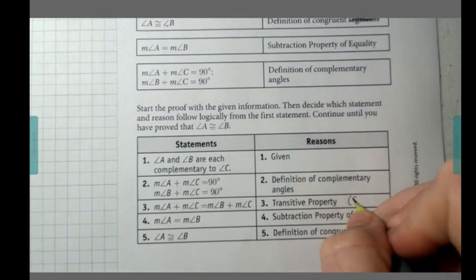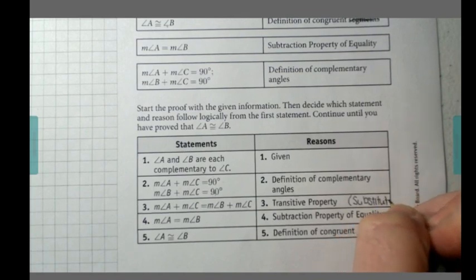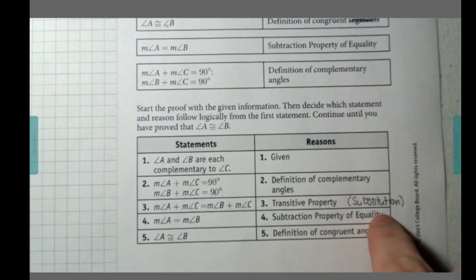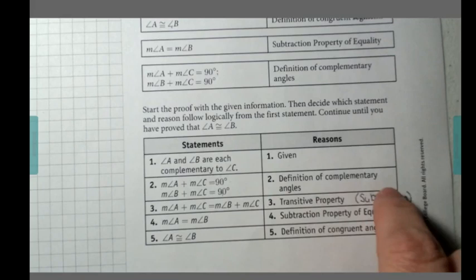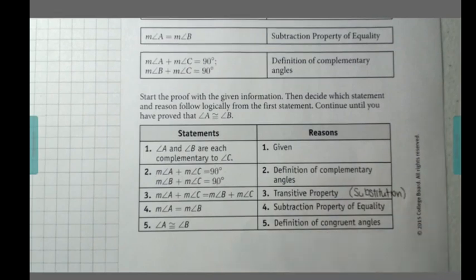I want you to know you'll sometimes also see this called the substitution property. Most books and or tests sometimes interchange these two phrases. So if you see one or the other and you think that's the step that you've gotten, more than likely you're not going to see a transitive and a substitution as an option. It's going to be one or the other.